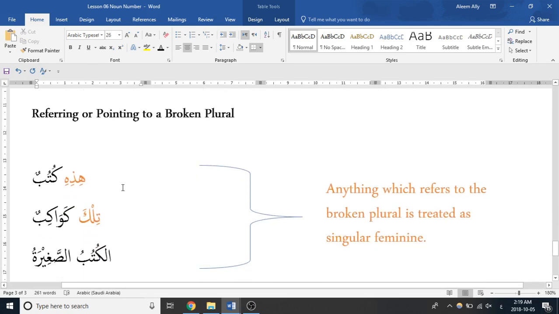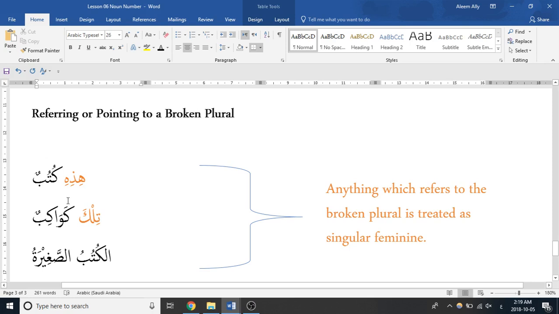Next up. So referring or pointing to a broken plural. This is a rule that tends to be really confusing for people, so you might want to pay extra attention here. So when it comes to pointing or referring to a broken plural, the word that's referring to it or pointing to it will always be treated as singular feminine. So here we have the word hadihi kutubun.